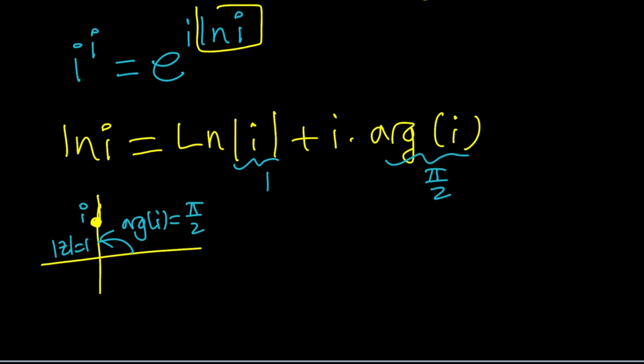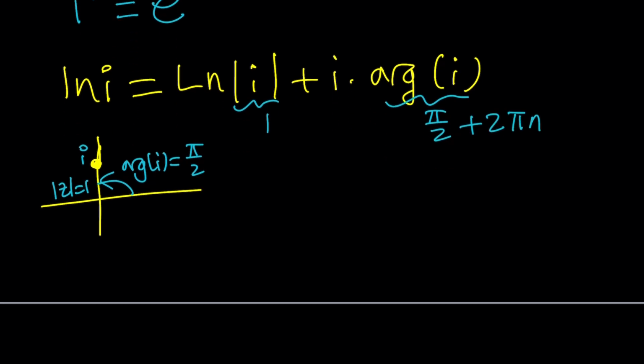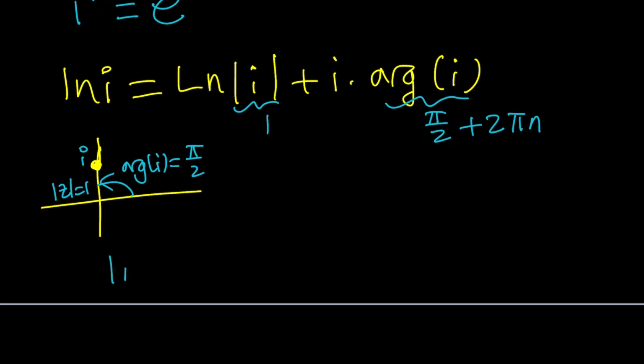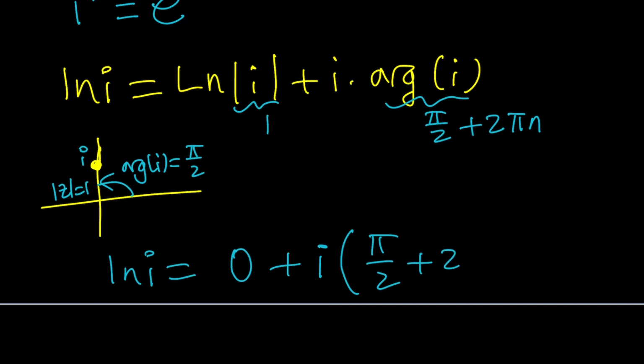But guess what? That's just a single value. So in general, I can add 2 pi or multiples of 2 pi to it. So I'm going to write it as pi over 2 plus 2 pi n. So let's find ln i from here. It's going to be the real ln of 1, which is 0, plus i times (pi over 2 plus 2 pi n).